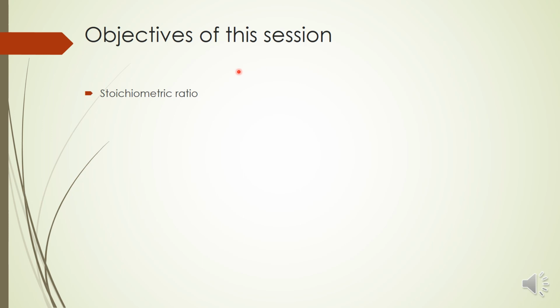First, we will have a brief discussion about stoichiometric ratio: what is stoichiometric ratio, and its importance in IC engines. Then we will go to the concept of stratified charge engine. Then, what are the methods of charge stratification?